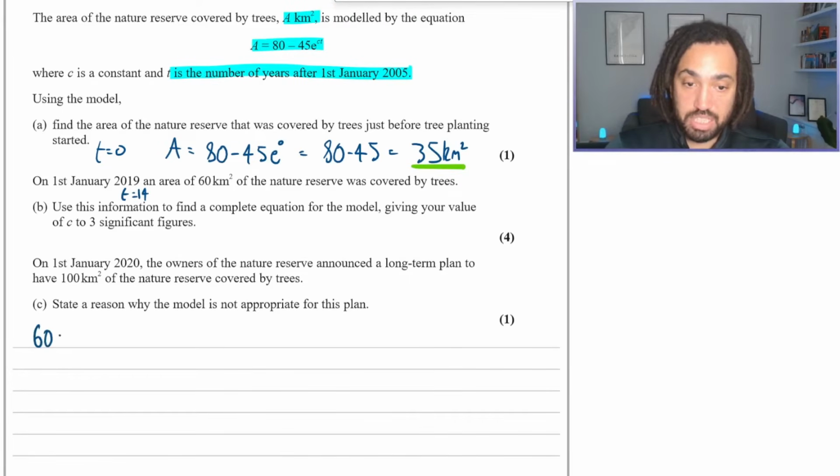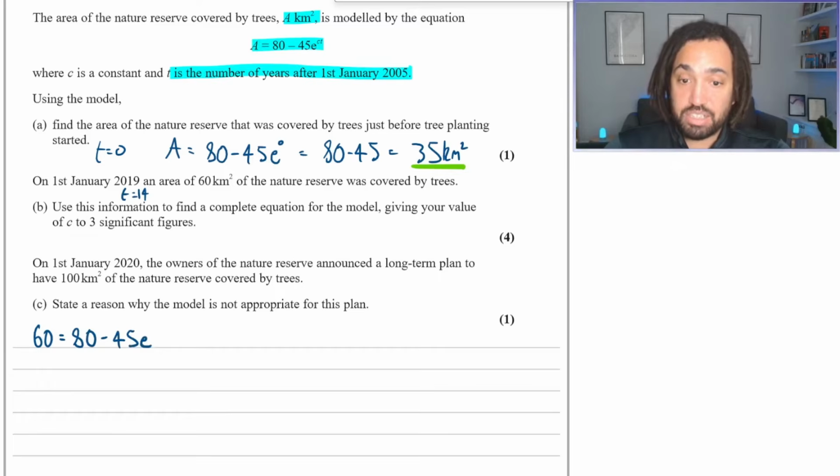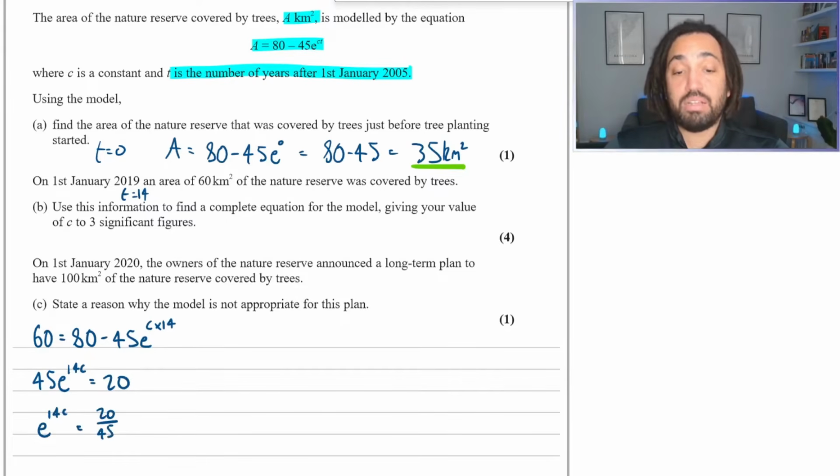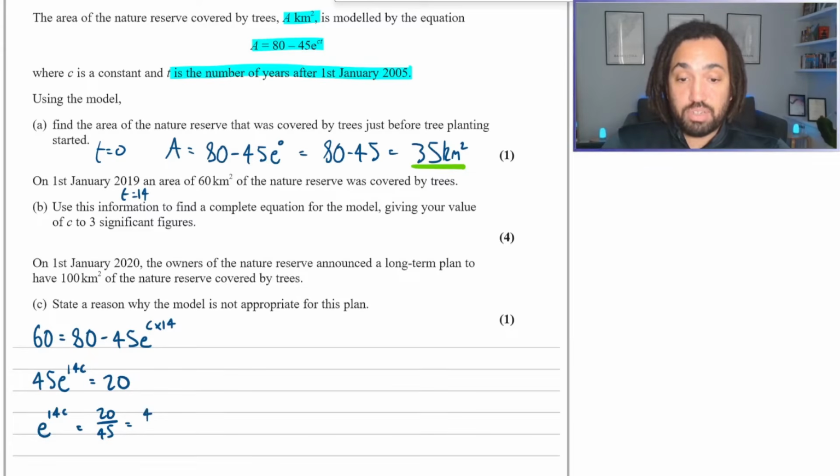So 60 is the area we're told, and that's equal to 80 minus 45 e to the c, which we don't know, but we do know when the area is 60 that t is 14. Great, so a little bit of rearranging gives me 45e to the 14c is equal to 80 minus 60, which is 20. So e to the 14c is equal to 20 over 45, which is 4 over 9.